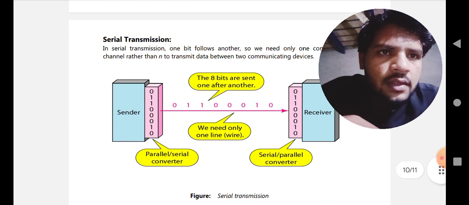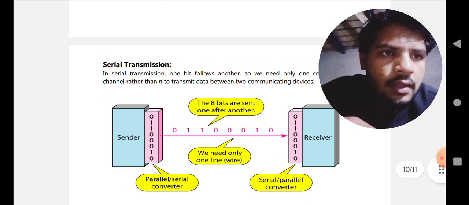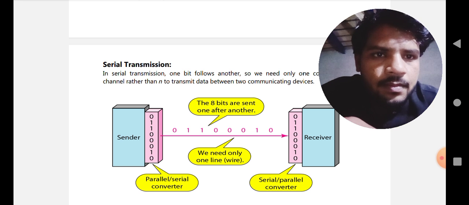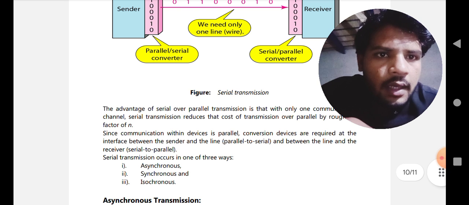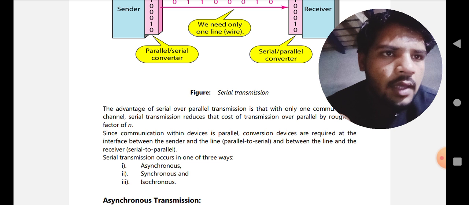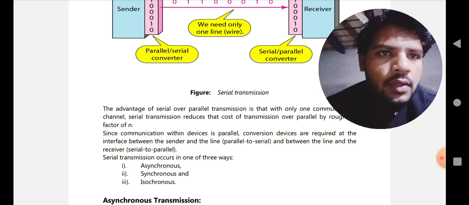So you can see the diagram of serial transmission. And this is the advantage of serial transmission over parallel transmission: only one connection. Sorry, I forgot. So serial transmission is better than parallel transmission in this respect.